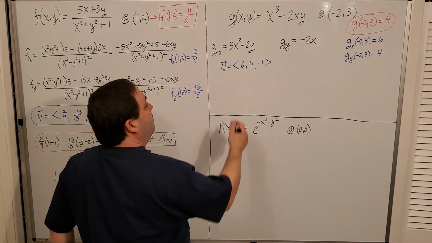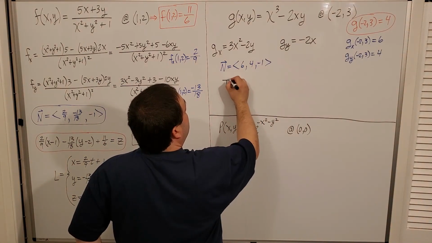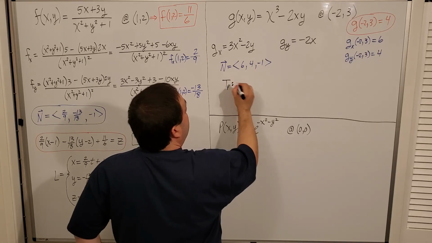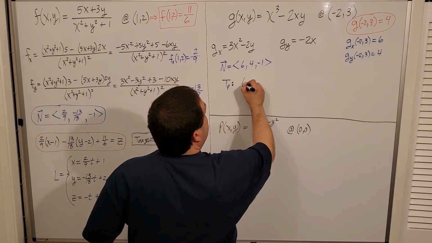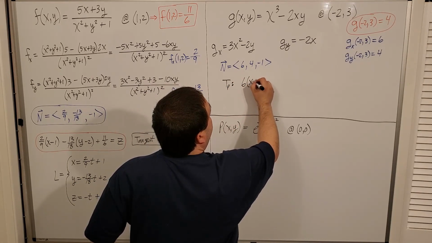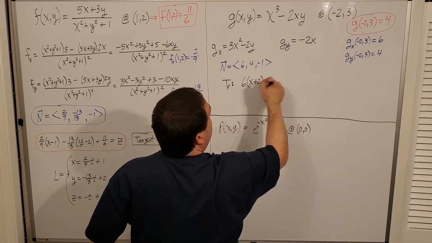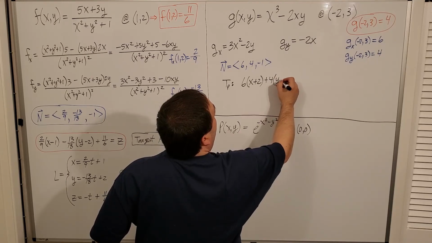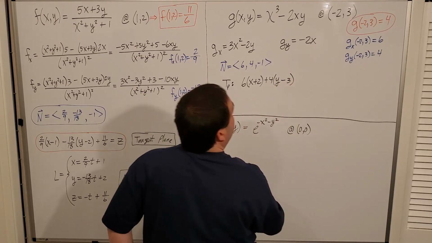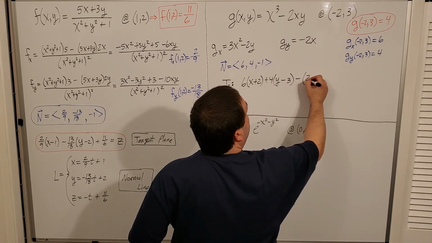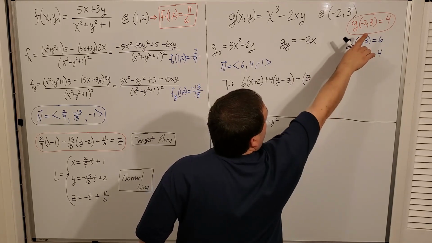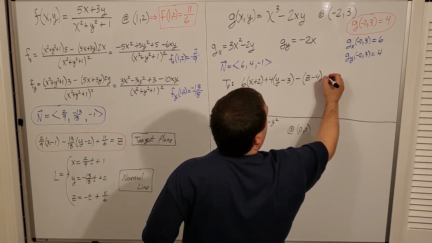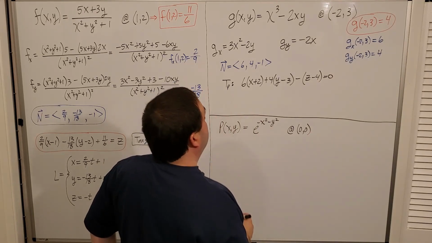So then my tangent plane at P is just going to be 6 times x plus 2, because it's minus negative 2, plus 4 times y minus 3, minus z minus 4 equals 0.